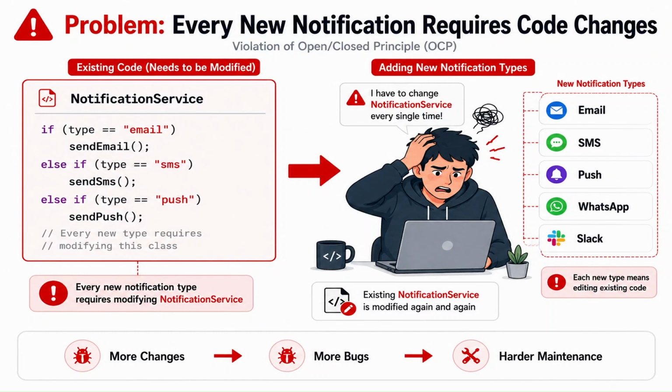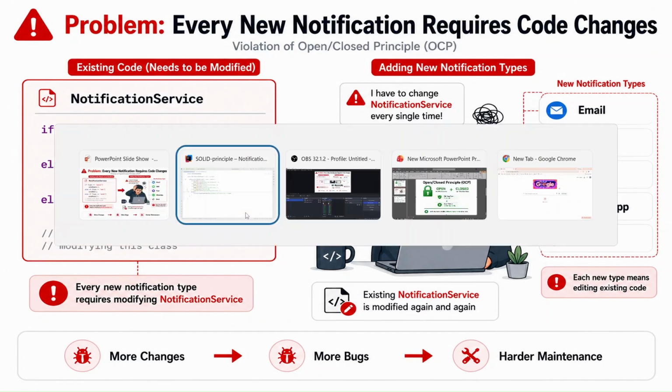We are making the support developers' life harder because they need to do a lot of debugging. Whenever we introduce something new, we are making changes in the existing code, and when we do so, we introduce new bugs. So it is hard to maintain. That is why we should follow the open close principle.